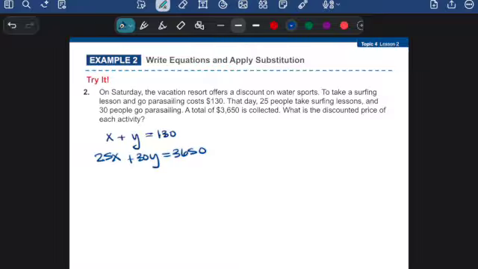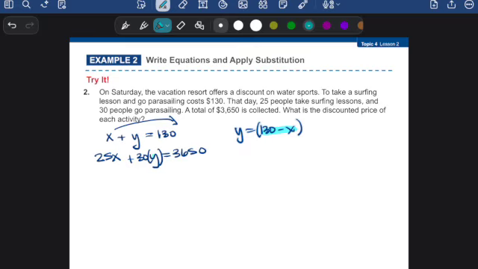And we're going to solve using substitution. This time we're going to solve for y, since we did x last time, so let's move the x to the other side. We get y equals 130 minus x. Okay, put that in parentheses. So we know we're going to substitute that into our second equation. Whatever is in the parentheses, we're going to substitute for that value into the second equation.